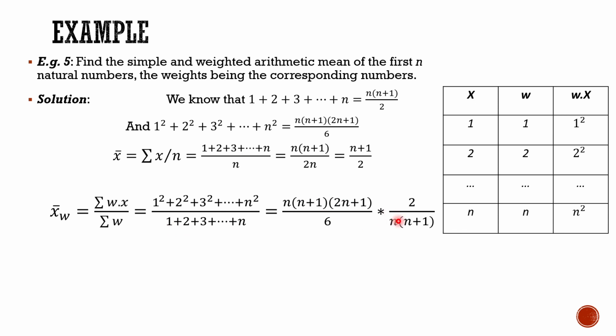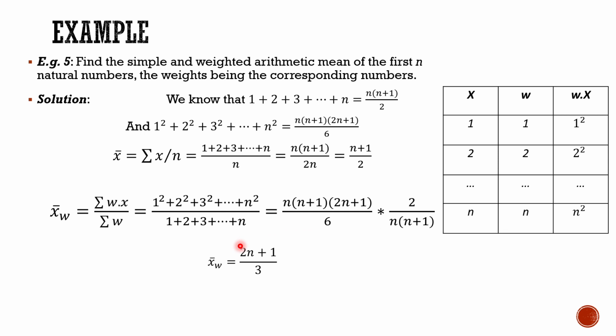Because we have reciprocated. The sum of the first n natural numbers is n into n plus 1 divided by 2. We flipped it, and it has become 2 divided by n into n plus 1, and we'll use multiplication here, not division.